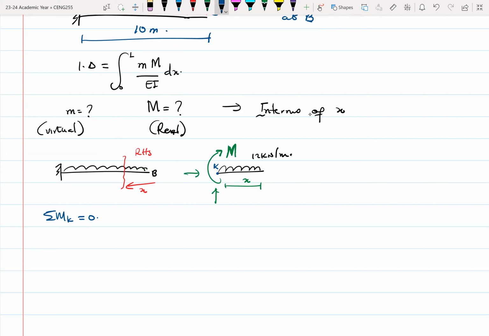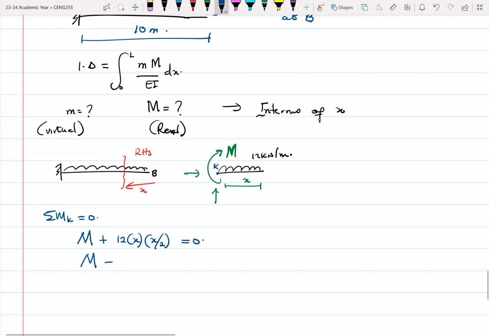So this will give me M plus 12 times x over 2 equals 0. I have to always make sure that my big M and my small m are different.